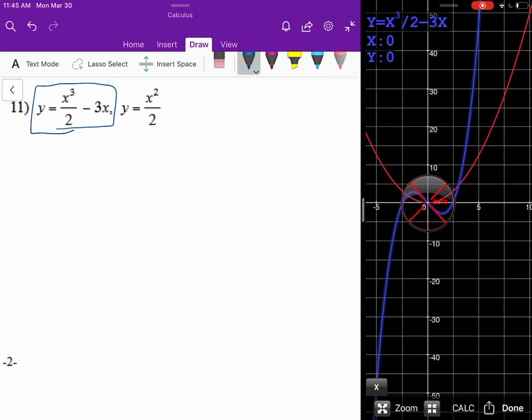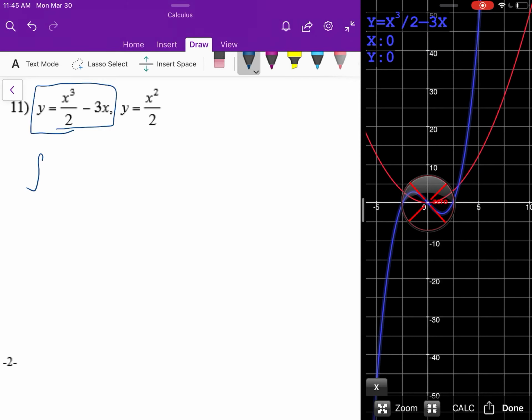So it looks like 0, which definitely makes sense. And then at x equal to 3. Remember, we want the x value, not the y value. Actually, I'm sorry, we need to look at a couple things here. Coming over here, we have 3 intersection points.